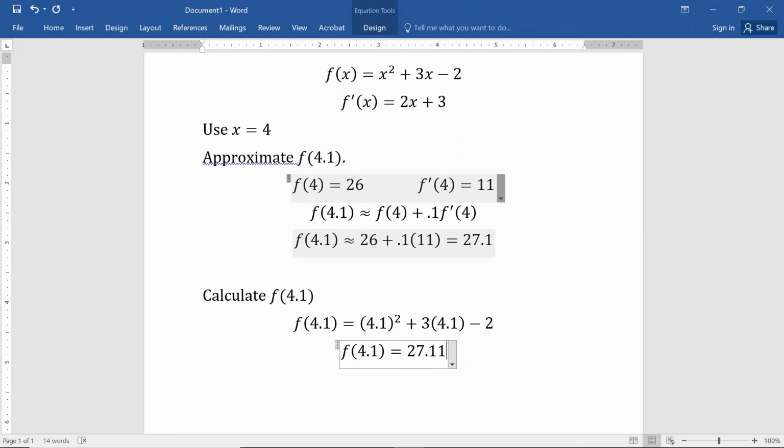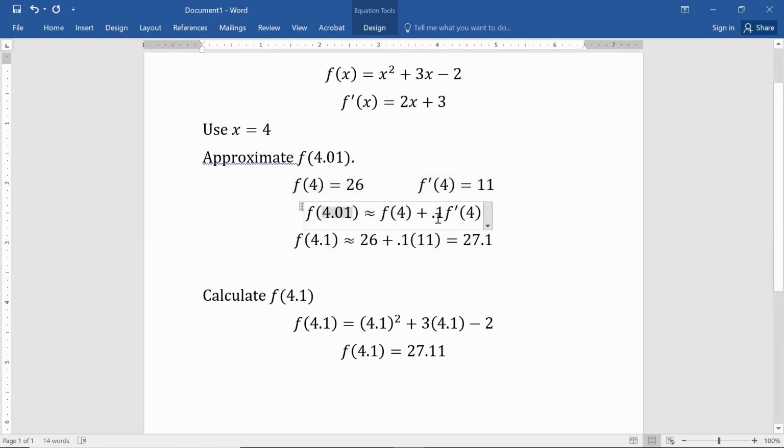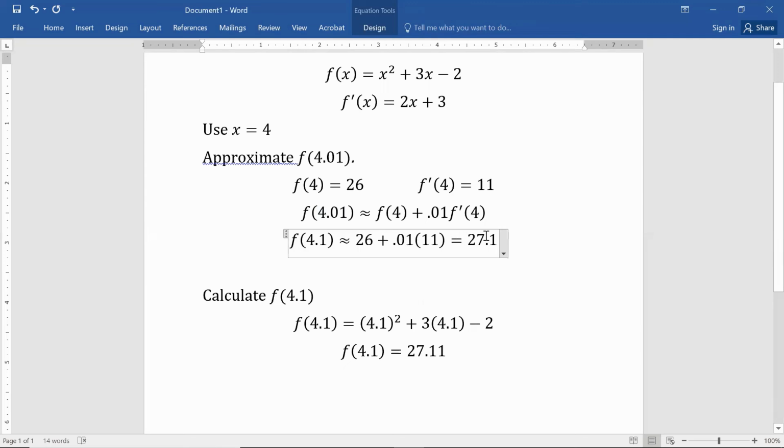Now, what if we're a little bit closer to 4? Let's say we wanted to do this with 4.01. So all of this is still the same, except we just changed the 0.1 to a 0.01. You don't have to write that down. Whoops. So 26 plus 0.01 times 11, 26.11.